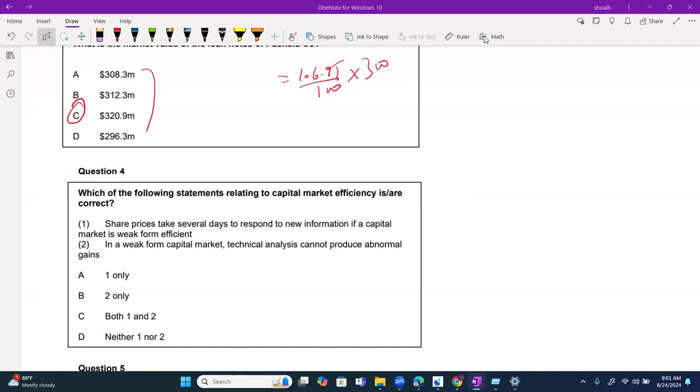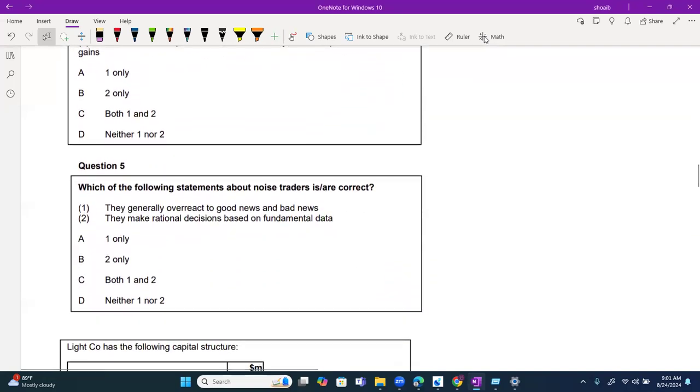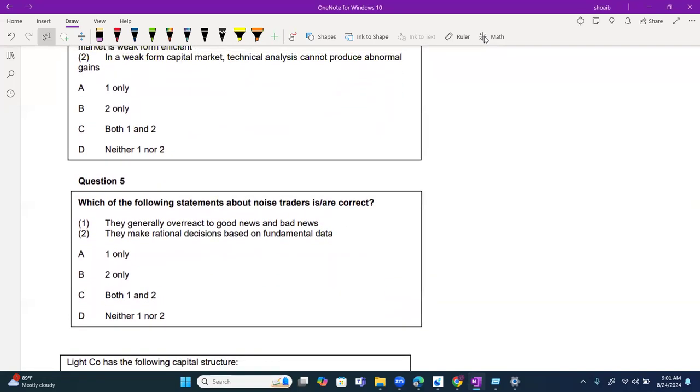Share prices may take time to respond to new information, then this is a correct statement. Which of the following statements about market efficiency?